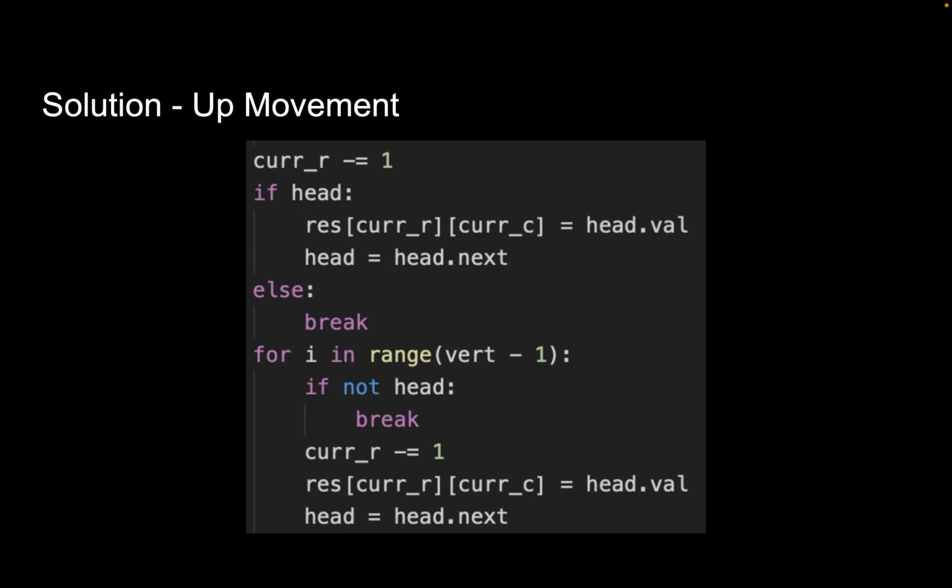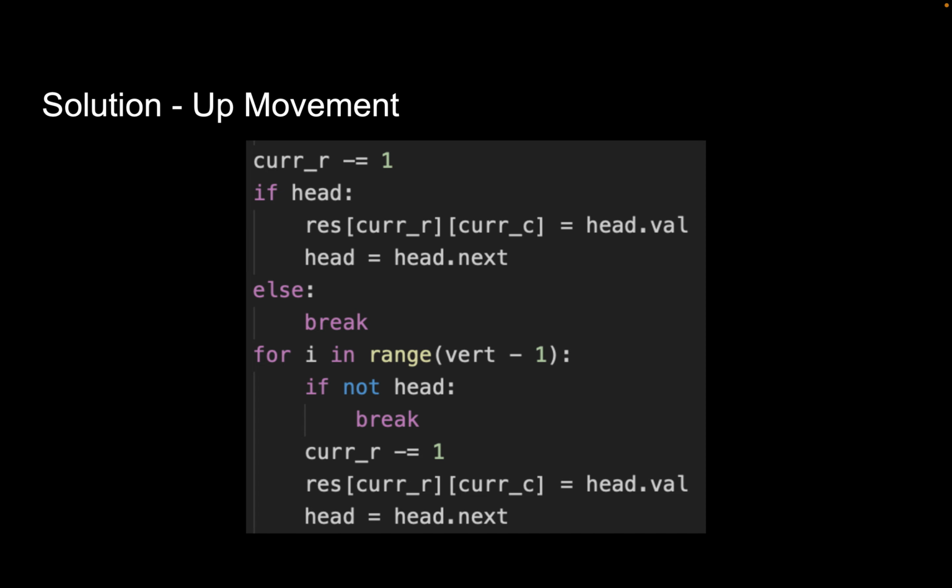So if there is a head, we populate the current row, current column in the result matrix to be the head's value, and we shift the head pointer 1 to the right. And also as explained earlier, we need to go with the for loop with the range of vertical minus 1, as one element has already been filled up in this up operation in the if else statement, right?